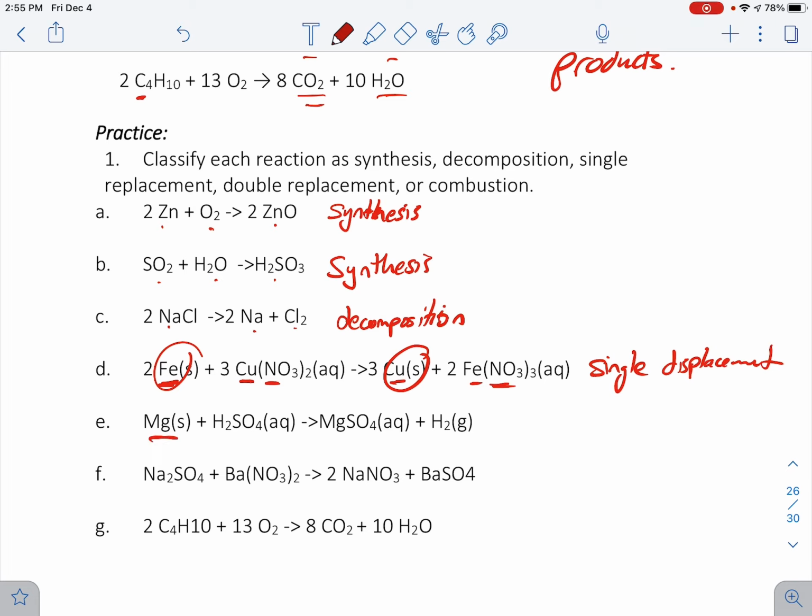All right, we have another single: magnesium reacting with H2SO4 to form magnesium sulfate and H2 gas. So this is a single element and a single element. Remember that hydrogen gas is a diatomic molecule. And so that means that this is single displacement.